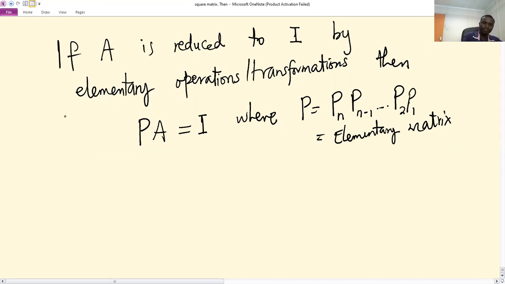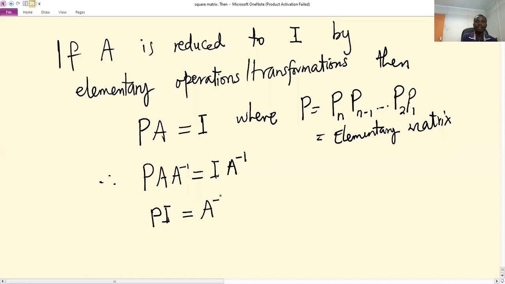Therefore, if you post-multiply both sides by A inverse, we'll have P A A inverse equals I A inverse. A A inverse is the identity, and the identity times A inverse is just A inverse.